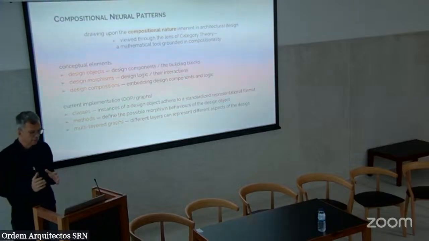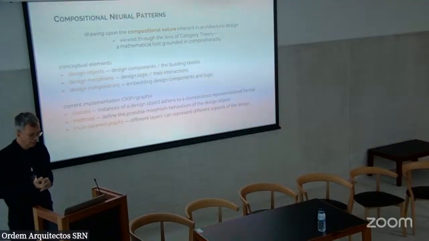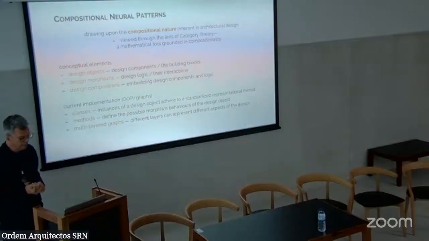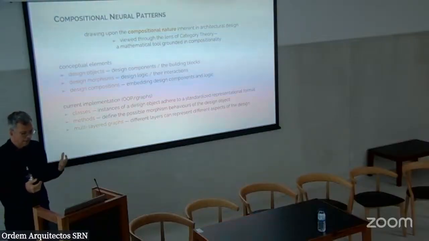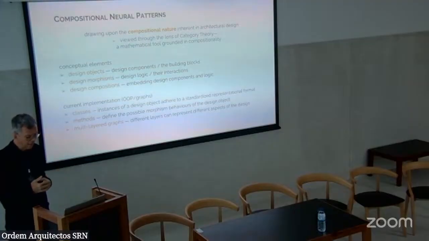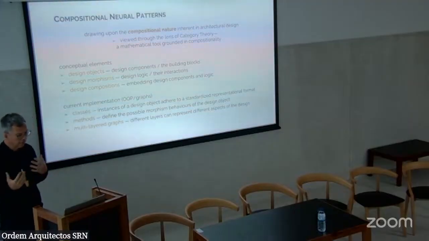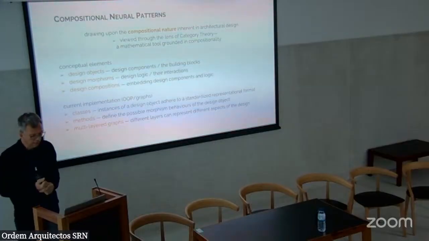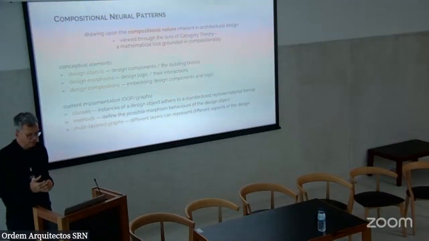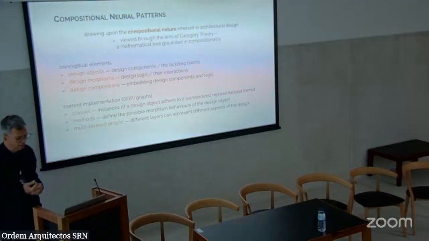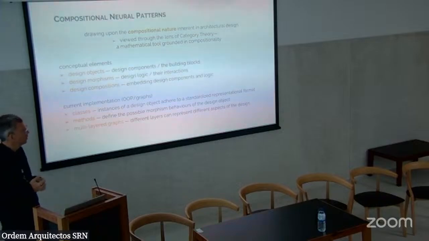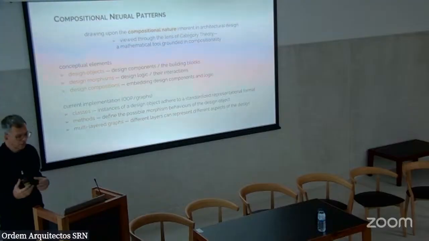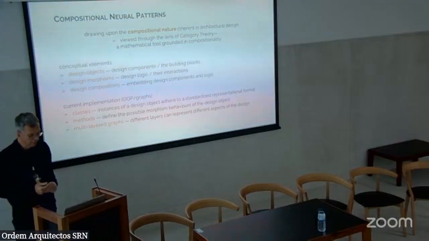So we kind of see our components as classes or instances of classes, where a class or a superclass would define some standardization, and then every instance or subclass can define a design object, or an instance of a design object rather, that adheres to the same standardized representational format, so that there is some generality that we can reason upon.